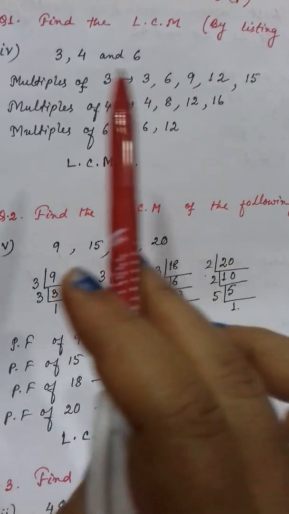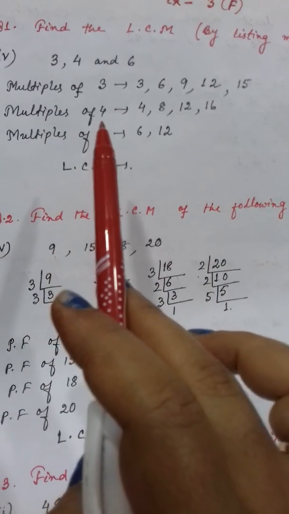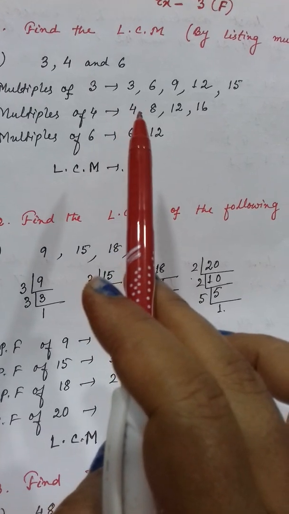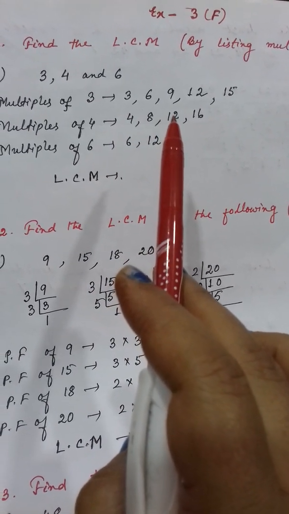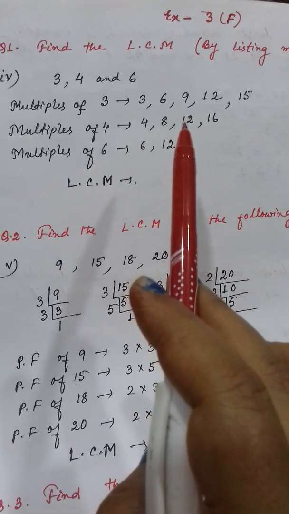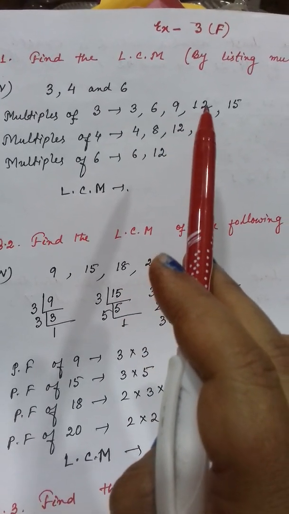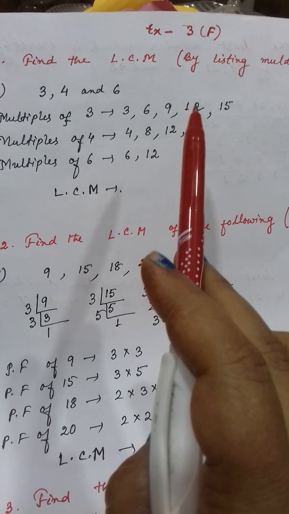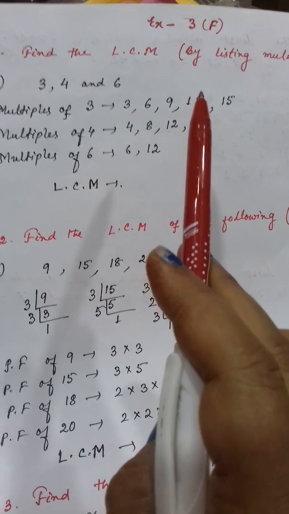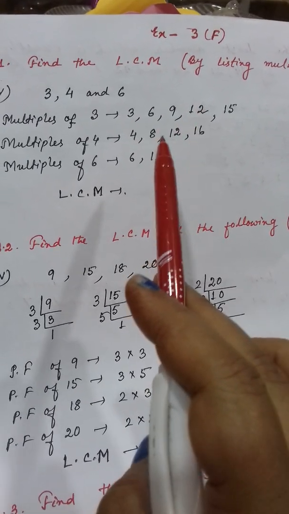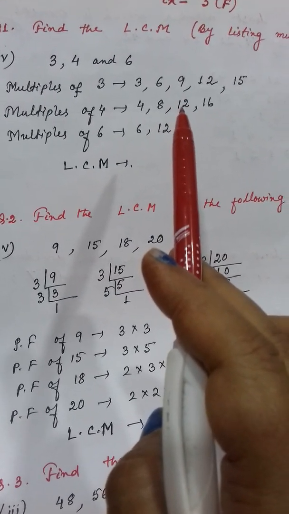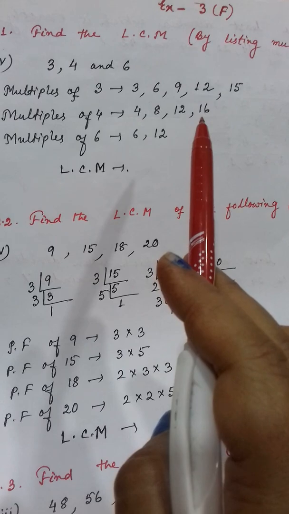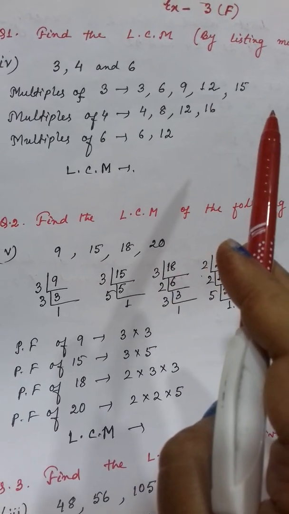Next, I have written the multiples of 4, and when I come to the third multiple, 12, you can see that in the previous multiples of 3 there is one multiple, 12, which is common with these multiples of 4. Clear?